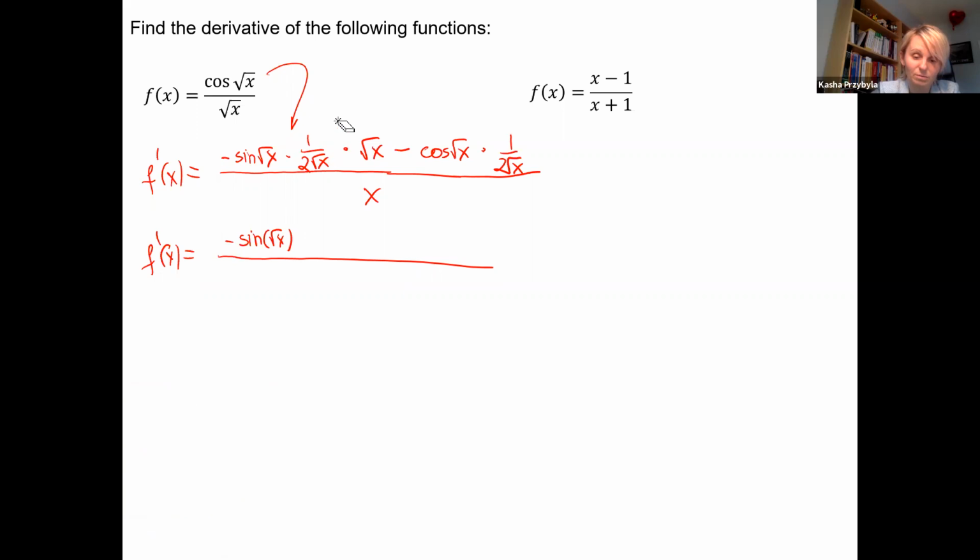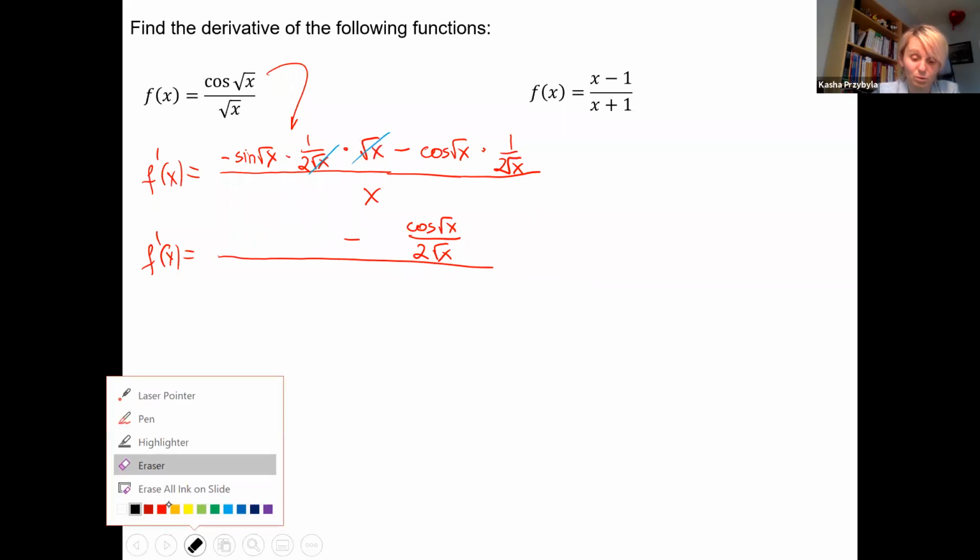I can definitely simplify, but let's not simplify yet.